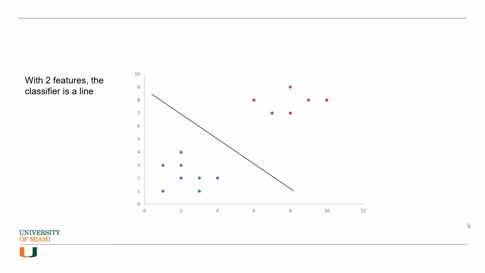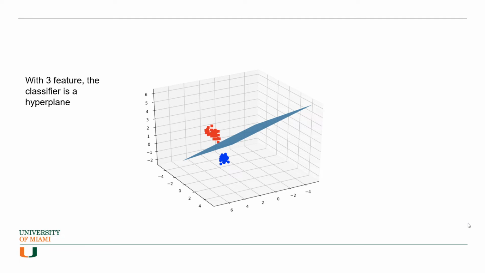Anything below the line will be grouped in the blue class, whereas anything above the line will be grouped into the red class. Now, we can extend it to 3 dimensions, and there you will actually have a hyperplane. There is no limit to the number of dimensions or features that you can have.